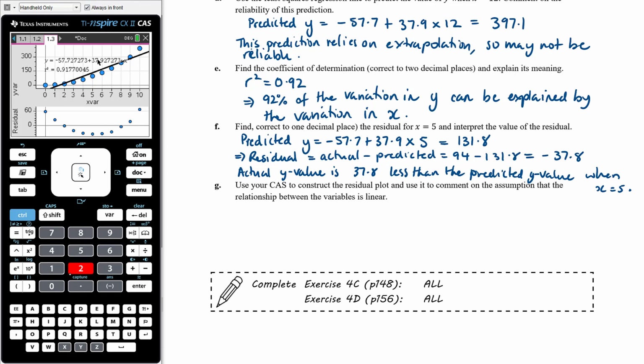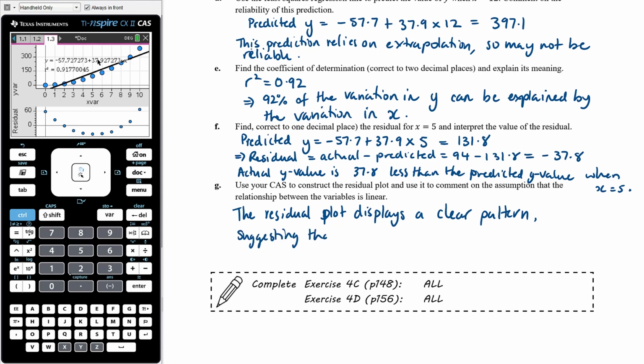Okay, so I would say the residual plot displays or shows a clear pattern suggesting that the relationship is non-linear.